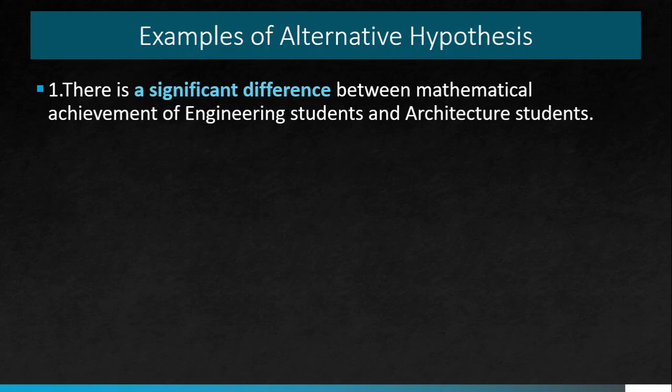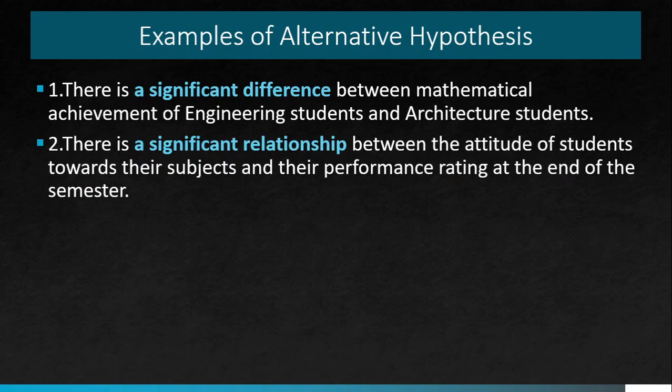So it now implies that one group of students is, let's say, better or has a more positive attribute over the other group of students. Okay, so another one, there is a significant relationship between the attitude of students towards their subject and the performance rating at the end of the semester.